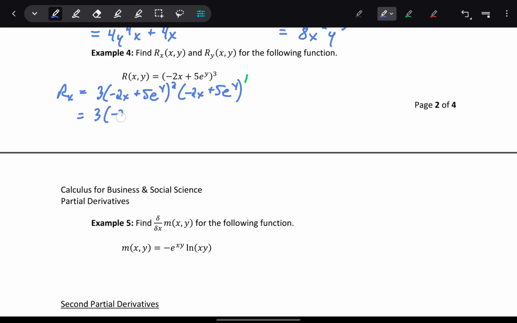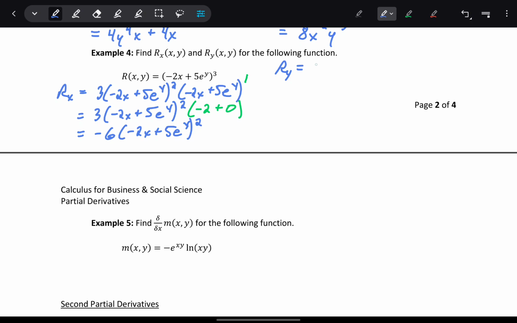So we'll get 3 times (negative 2x plus 5e^y) squared times negative 2 plus 0, just to include it as a placeholder again. Or we end up with negative 6 times (negative 2x plus 5e^y) squared.